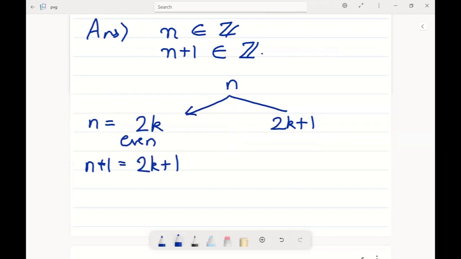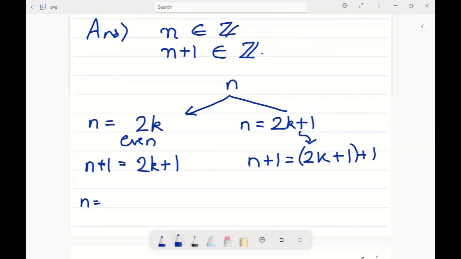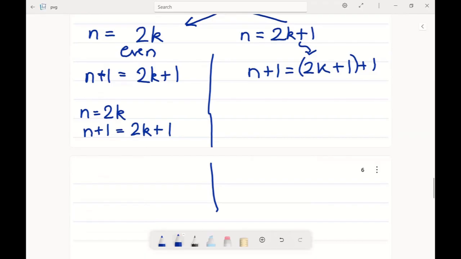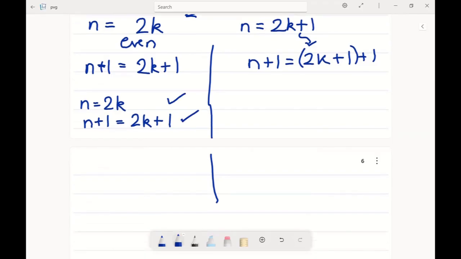And if n is odd, then n is 2k plus 1 and n plus 1 is 2k plus 1 plus 1. Let's solve the left hand case now. The value of n is 2k, the value of n plus 1 is 2k plus 1. So what is the product?